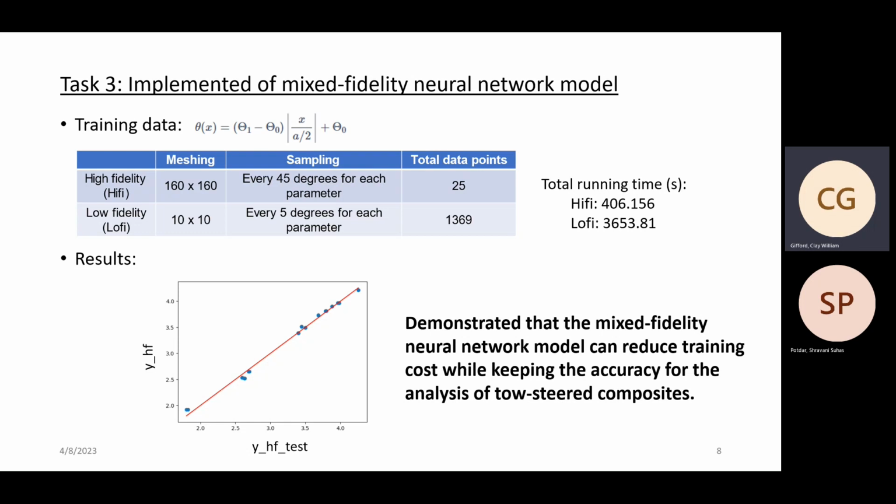Our results are shown below, which shows a fairly linear relationship between the results with the high fidelity neural network and the results with the mixed fidelity neural network. And we were able to achieve similar accuracy while reducing the training cost by using a large amount of this low fidelity data as a substitute for some of the high fidelity data.